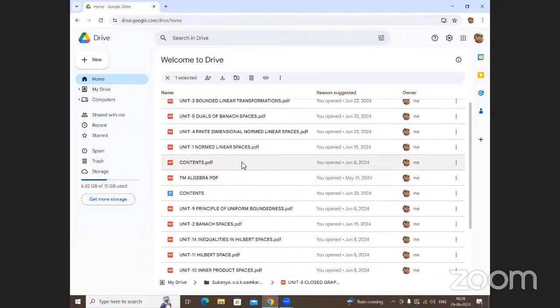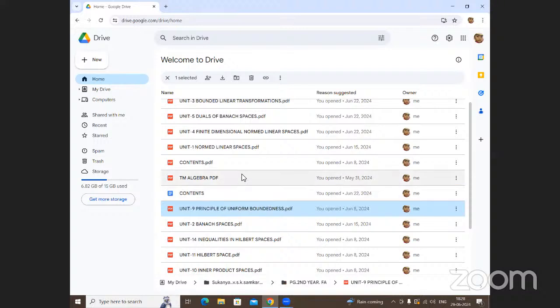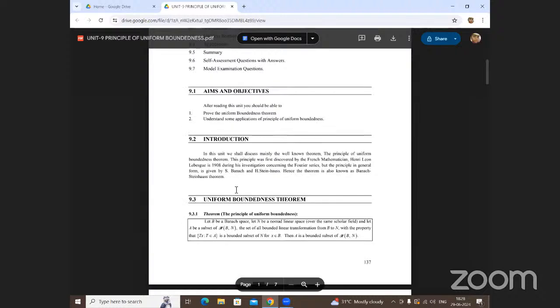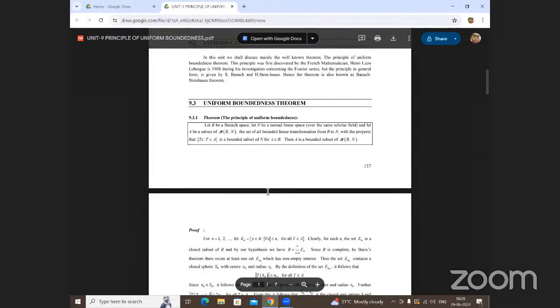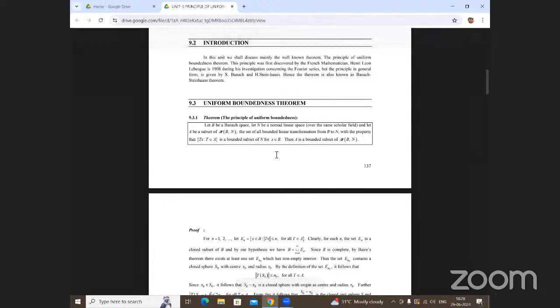Almost all 8 units are completed successfully. Now, one of the important theorems, unit 9, is the principle of uniform boundedness theorem. Students, please note down: state and prove the uniform boundedness theorem.